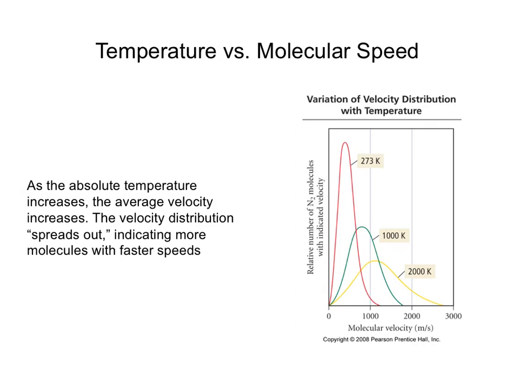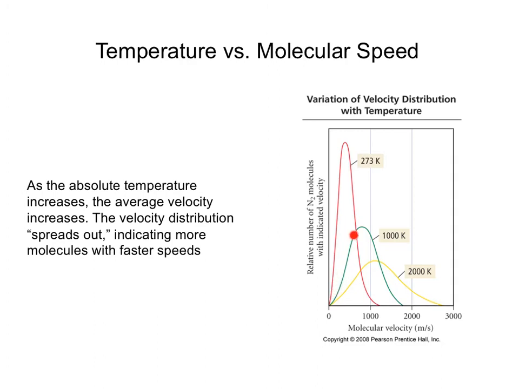So this slide shows the relationship between the speed that the molecules are traveling and the number of molecules that have a particular speed. So what we find here is that there's a distribution of speeds, and you find that most of the molecules at a certain temperature are traveling with some speed, some velocity.